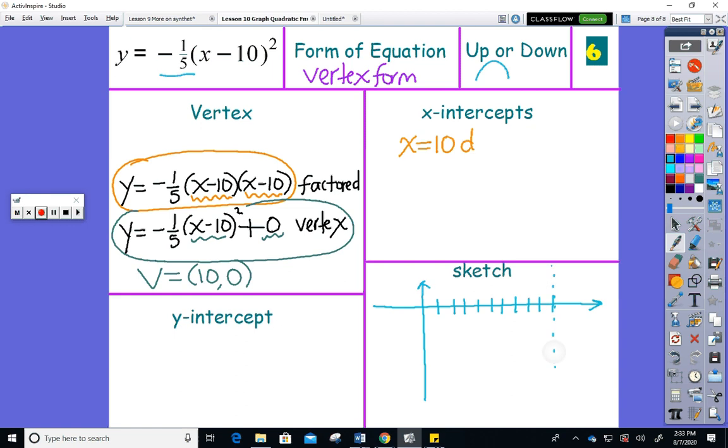So your axis of symmetry is there. So look, that means that (10, 0) is here. That's both the x-intercept. So if you've got a double root, remember, then that means that the graph doesn't cross the x-axis, it sits or hangs on. So I'm going to say the graph kisses the x-axis.